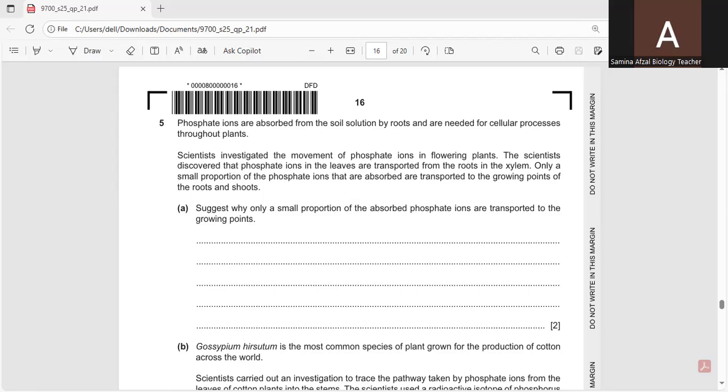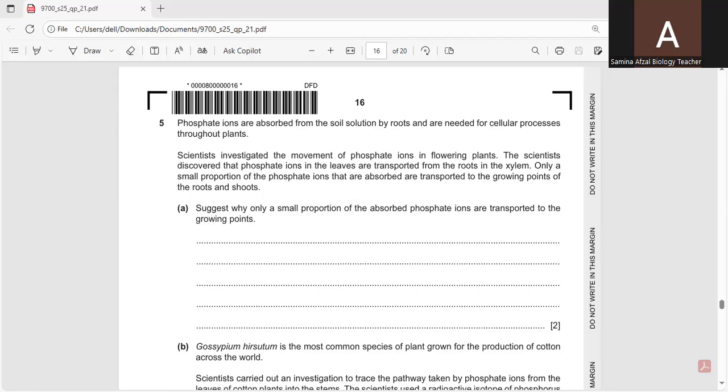It is required everywhere, so on the way it is captured by the other parts which need these phosphate ions. I would like to write all these points over here. We need 2 points specifically.